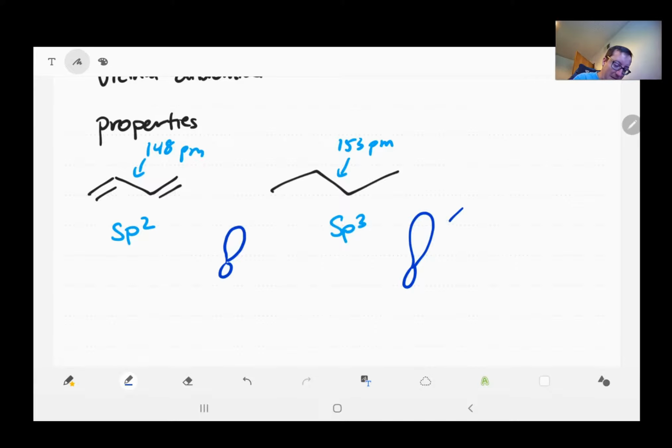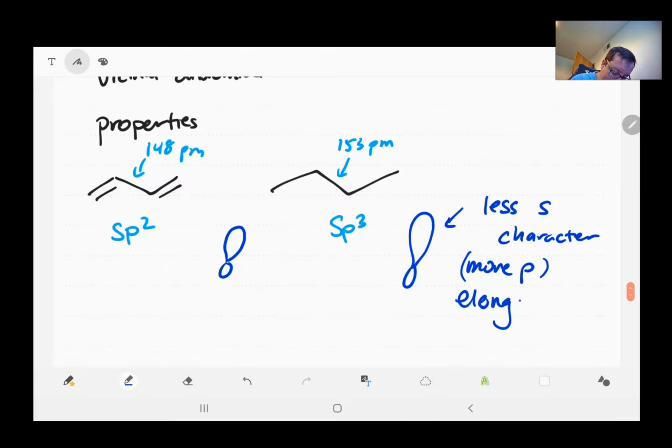Suffice it to say, this has less s character, and so it is, therefore, more p, which makes it look a little bit longer. So it's elongated. And this one has a little bit more s character, so it's a little bit shorter. So that's one way to describe this.